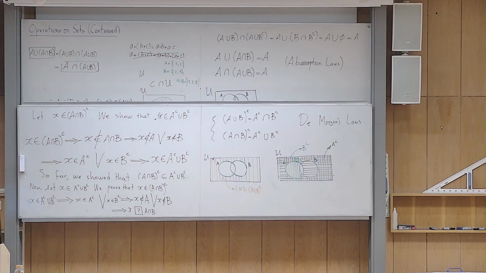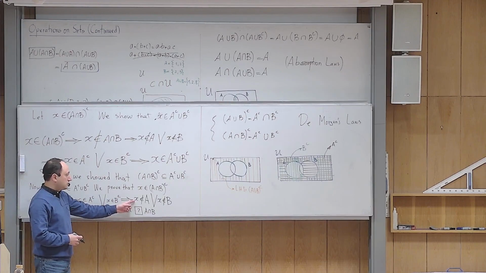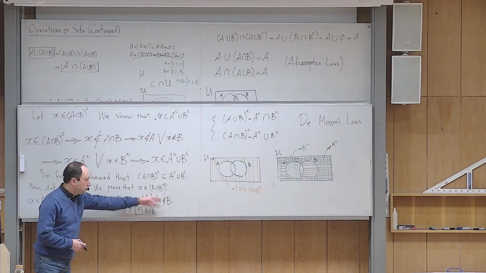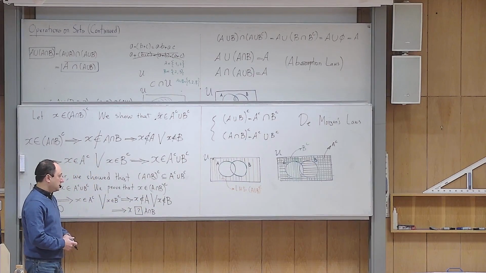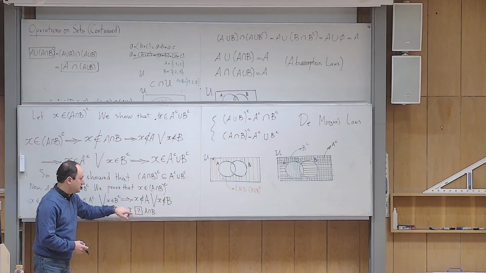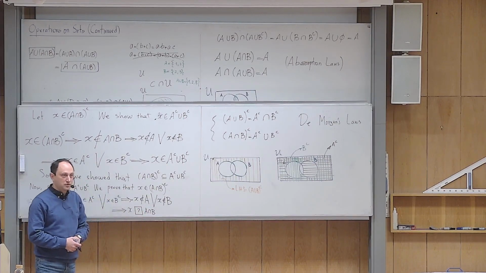How should I fill it up? I know that I have an element X which either does not belong to A or does not belong to B. What can I conclude about this X and its situation with respect to the intersection?